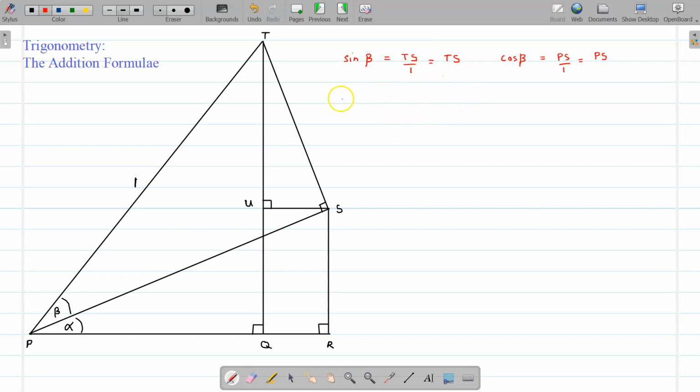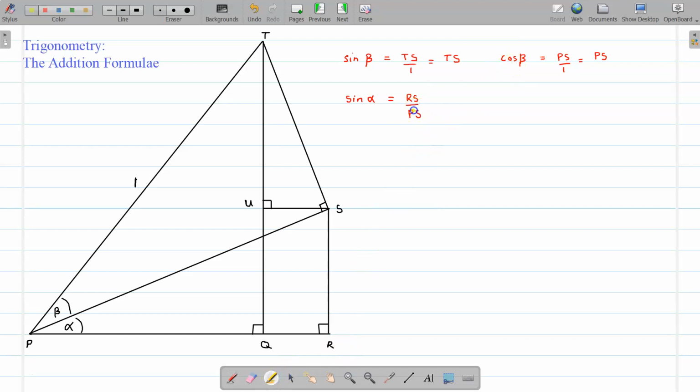Now, I can also write an expression for sine alpha. Sine of the angle alpha from the diagram we have there is equal to the line RS divided by the line PS. So I can say that the length RS over PS is the sine of alpha. And I already know that PS is the same as the cos of beta.